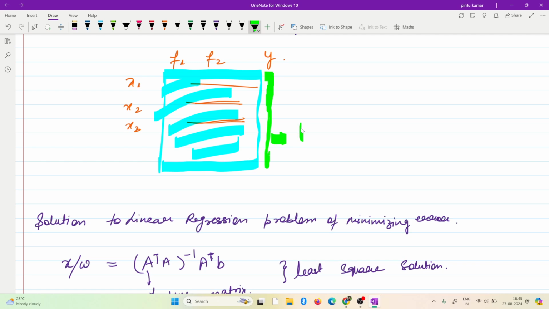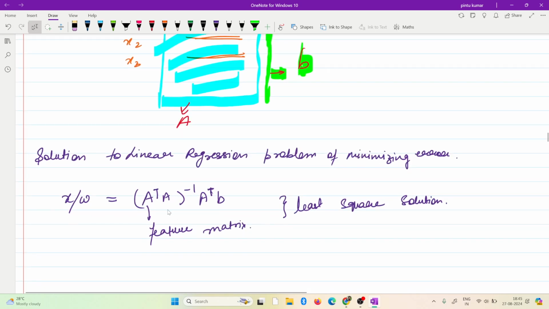You name the second vector as B, and you name this big feature matrix as your A. Then the solution to your linear regression problem having minimum least square error is given by this. Your value for weights is given by A transpose A inverse, A transpose B. You know your A, you know your B, you know how to calculate inverse, and this is your A transpose. So this is the closed form for least square error.